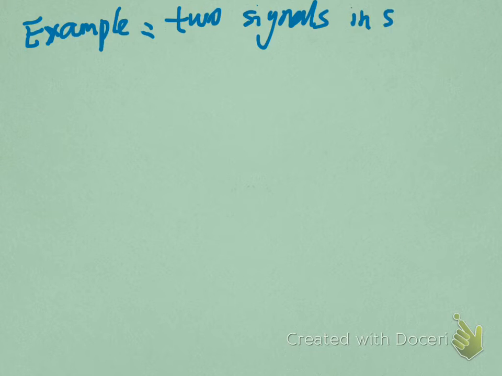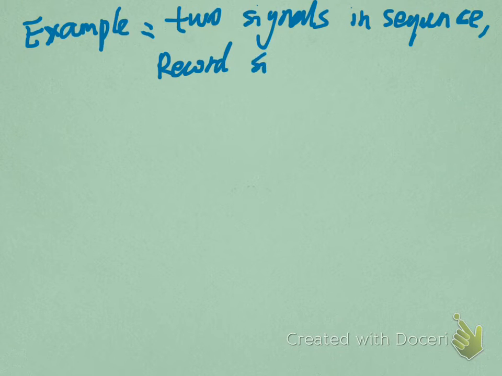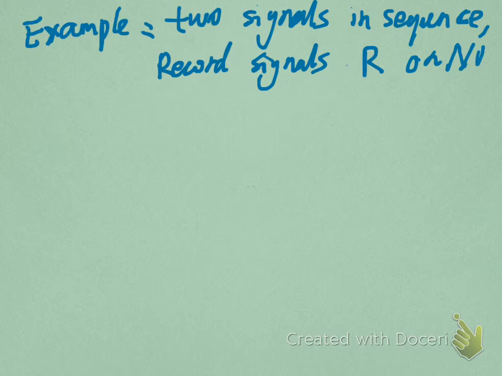The outcomes we record are whether each signal arrives or not, that is, we receive the signal or not receive the signal. Then what is the sample space of these two signals being received or not received?